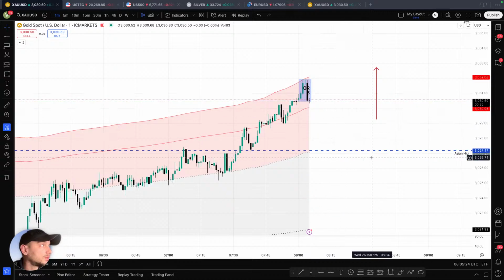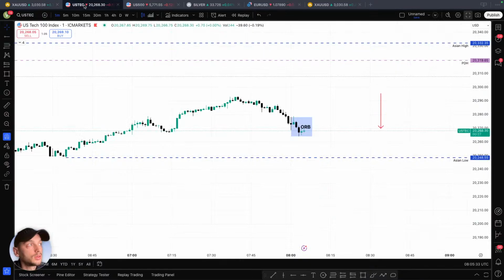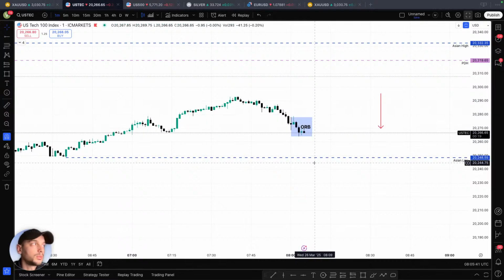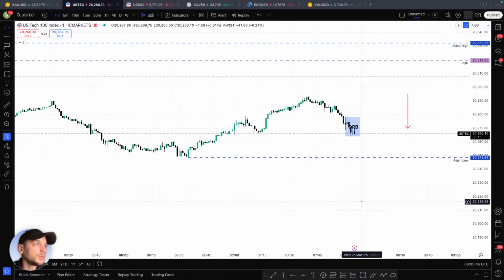Yes, we can, as I said, to the support area here. But again, very risky. At the moment with your strategy, it's risky to trade gold. I prefer to see how US tech is going, above the ORB or below the ORB. I favor shorts more, but buys will do as well.